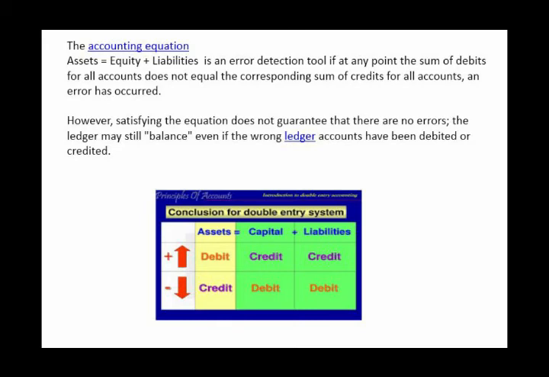So debit will always be equal to credit, right? We will take it vice versa: when assets are decreasing, they will be credited, and if liabilities or capital are decreasing, they will be debited.